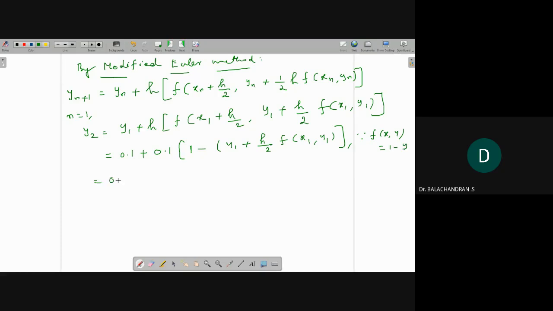To simplify further, 0.1 plus 0.1 into 1 minus y1, where y1 is 0.1.